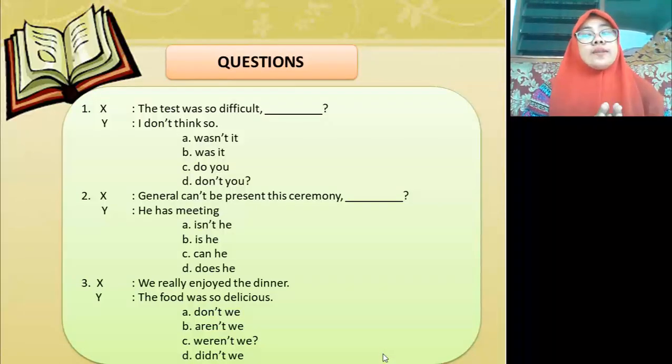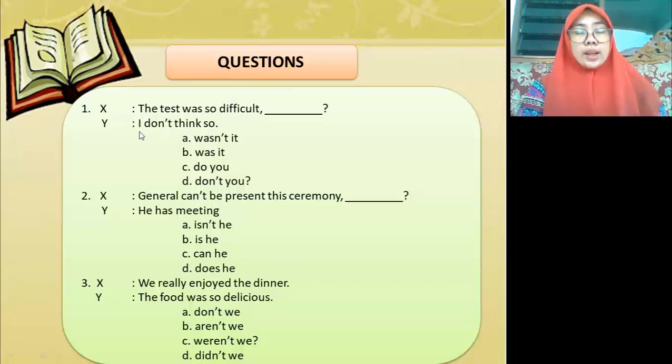Okay, here I have some questions for you, but first we try to answer together. The first one: there are two persons, X and Y, and X said the test was so difficult.